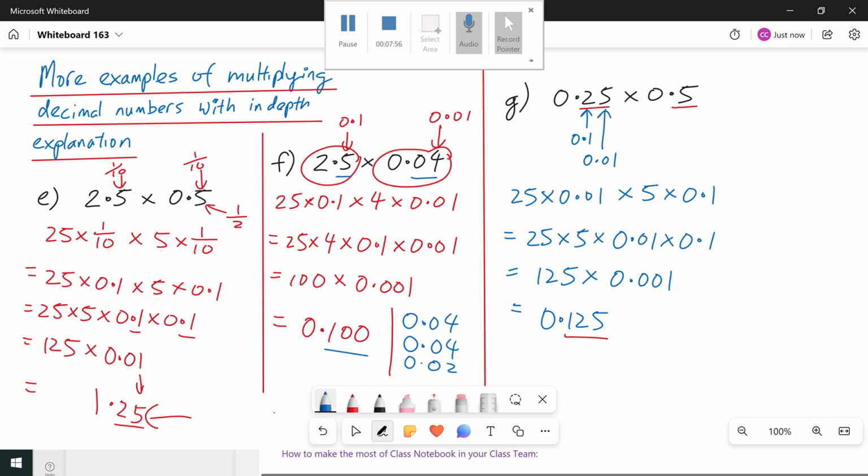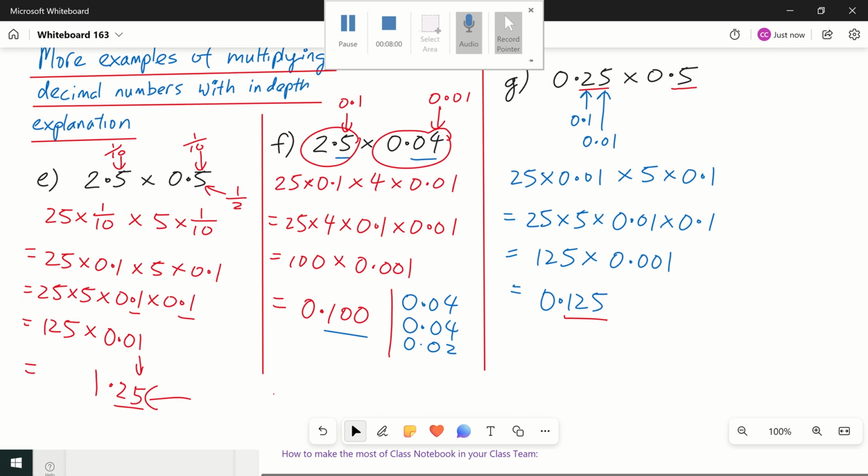Now, if you add these numbers together, you get 0.10. And 0.10 is literally the same as 0.100. The extra 0 is just not written.